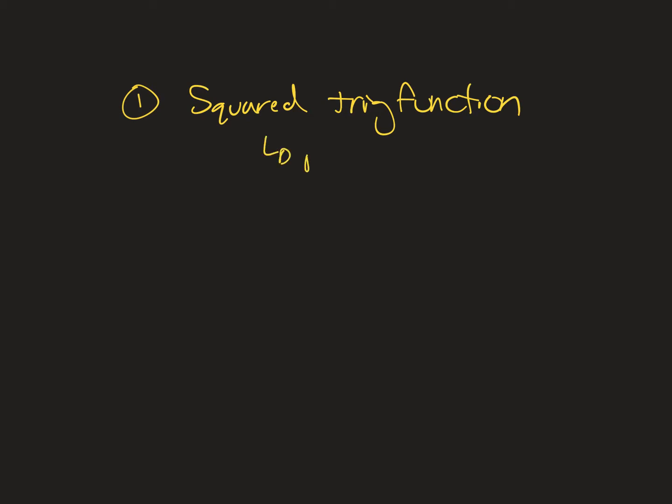So the first thing that I would say is look for if you have a squared trig function. Because if you have that, then you want to think Pythagorean identities. So it's a good idea, at least for now, when you get to an assessment, to write down the Pythagorean identities, just so you can glance at them.